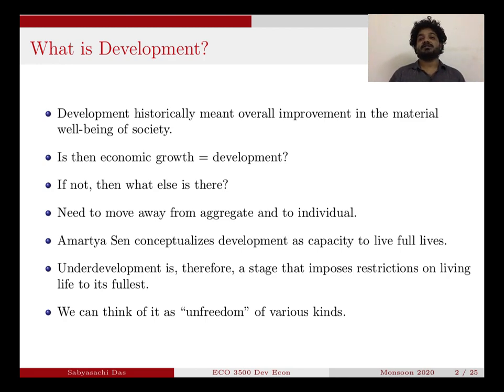So countries or societies that have a very high level of economic prosperity, say measured in today's terms by the gross domestic product, we tend to refer to them as developed countries, and those with very low gross domestic product, say per capita, are referred to as less developed, right?